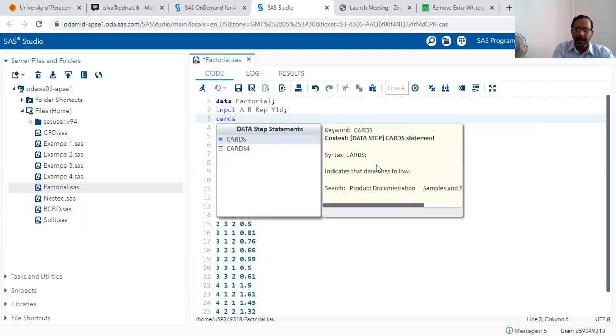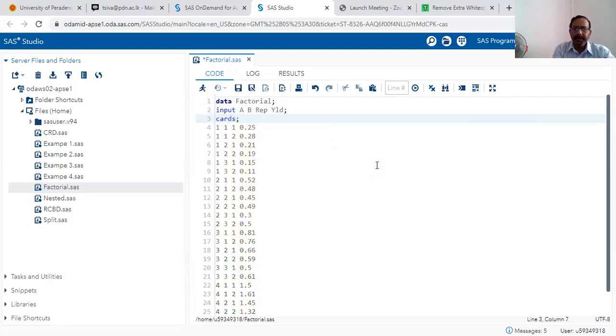And the next one is cards. Have you all written it down? This is how we give the initial information. A, B, replicate, yield.